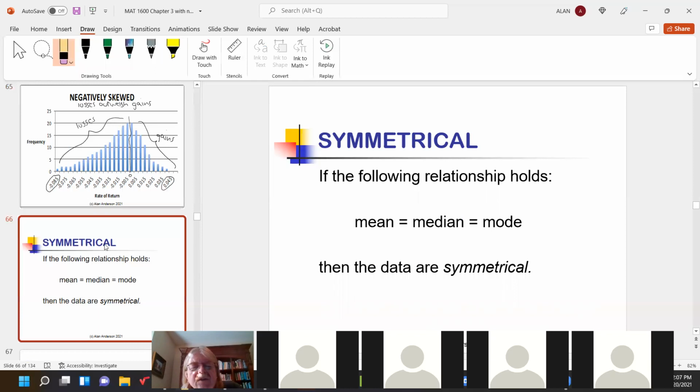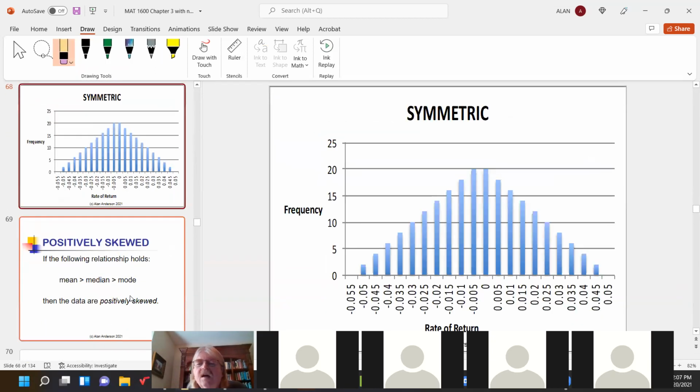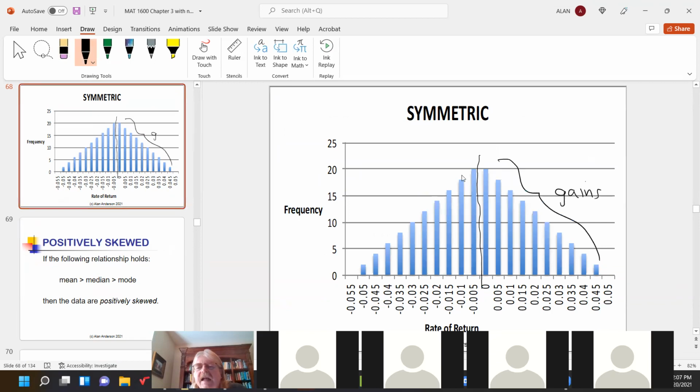When the data are symmetrical, look what happens. Oh my God, that is nice. Look at that. These are gains, and these are losses. So the losses are matched or balanced by the gains.